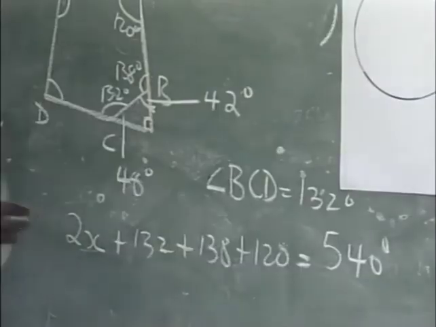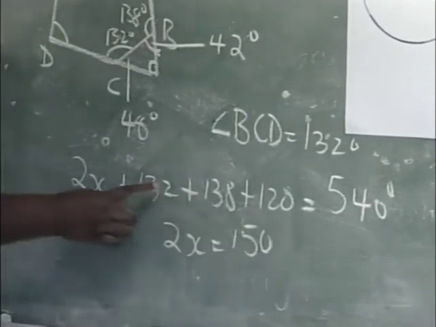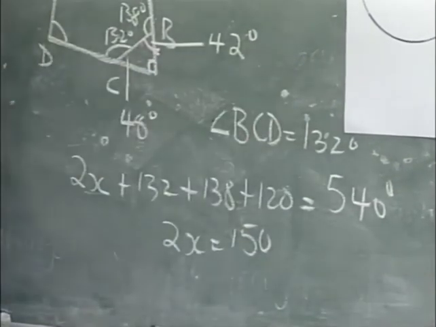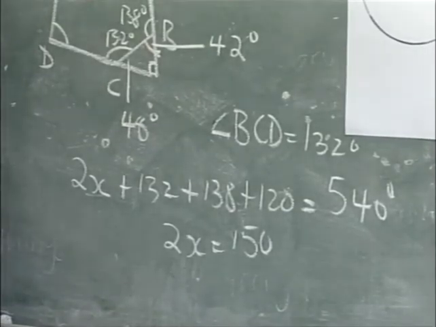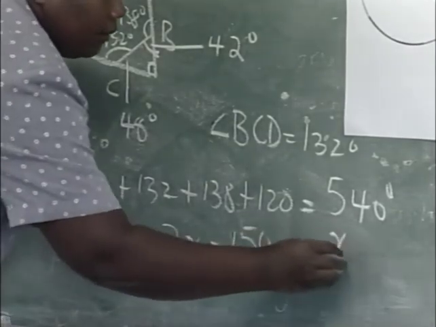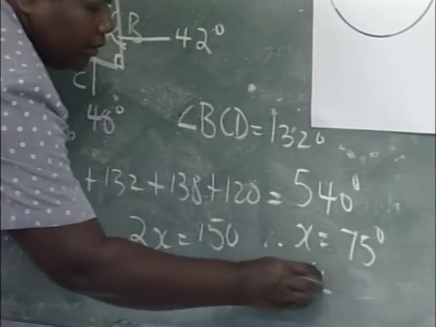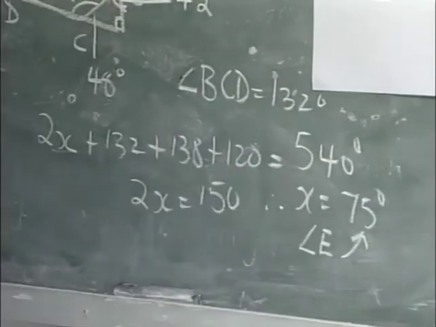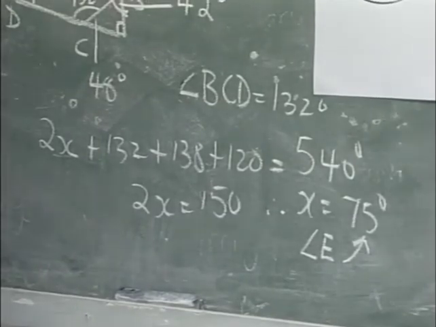And I think 2x will be equal to 150 if you add this and then subtract from 540, and x is equal to 75. Can you please check? Therefore, x is 75 degrees and this is also angle E. So angle E is 75 degrees.